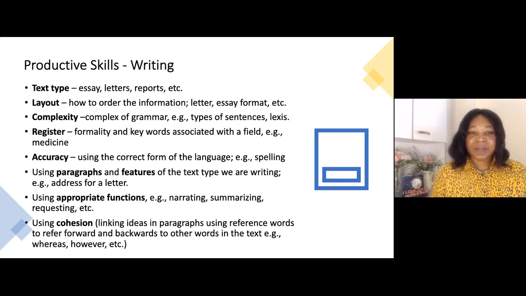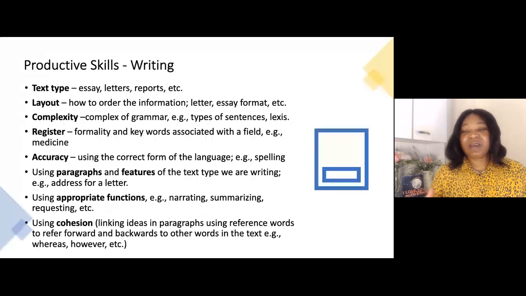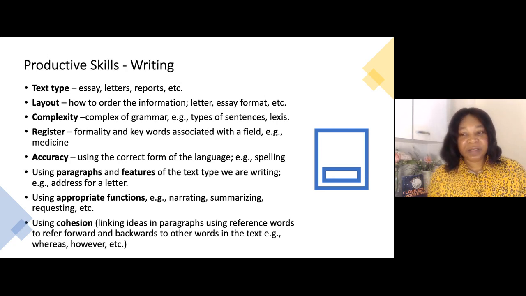Complexity. What is the structure in the writing? Is it complex? Is it simple? What about the lexis? How advanced is the lexis structure? How simple is it? What about the register? Register talks about formality and also about keywords we can associate with a field. So, for example, you have medical jargon.